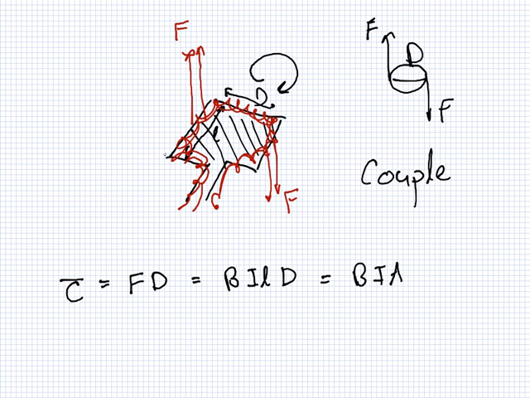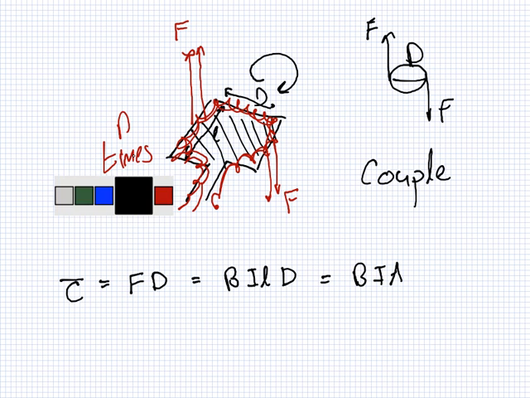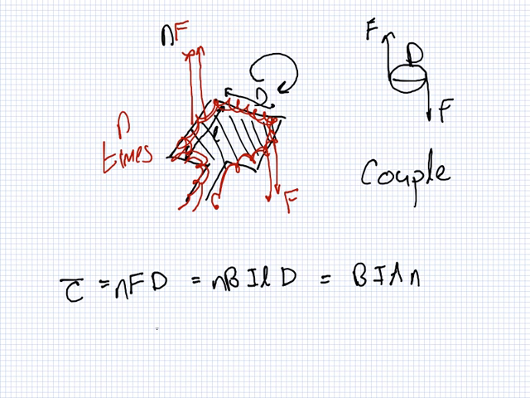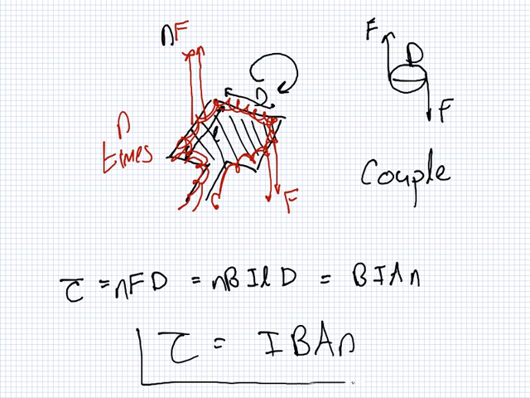Let's say we wrap it around n times. What happens to the force? It becomes n of them, which here means basically we get an n. So the turning force is equal to IBAn.